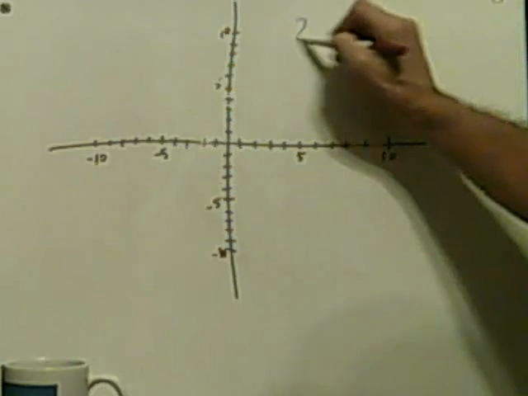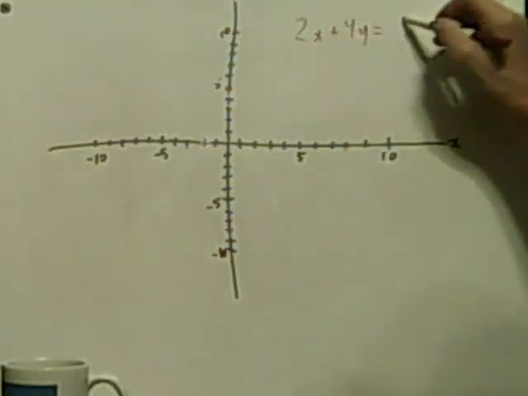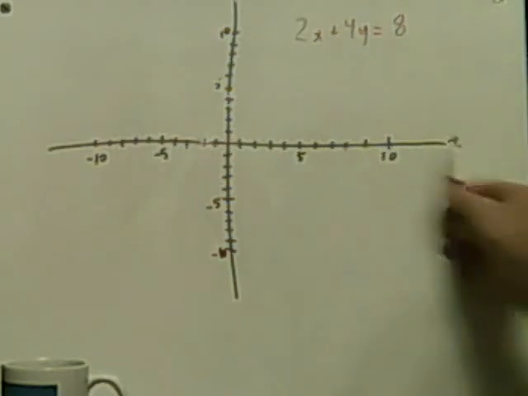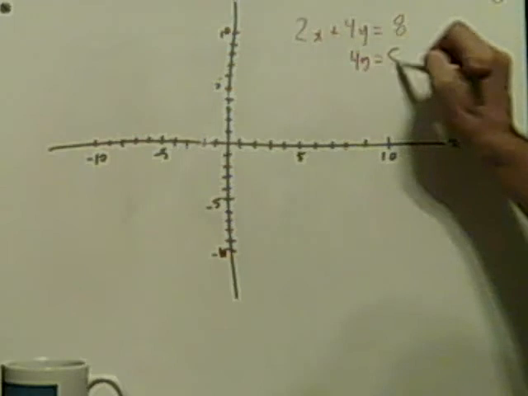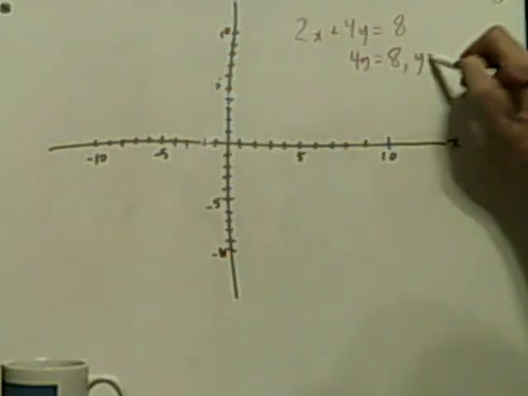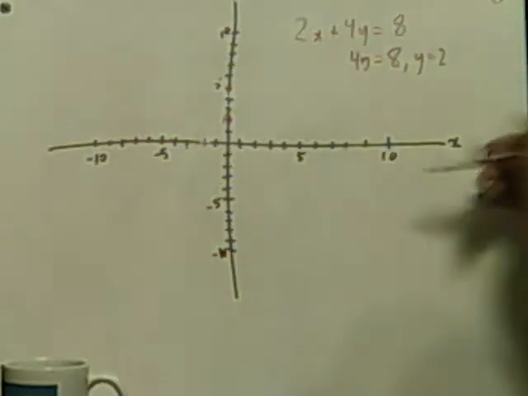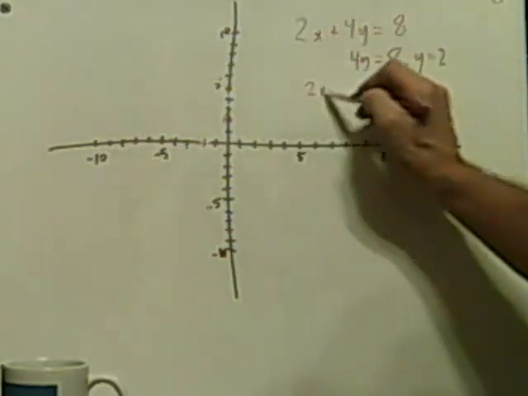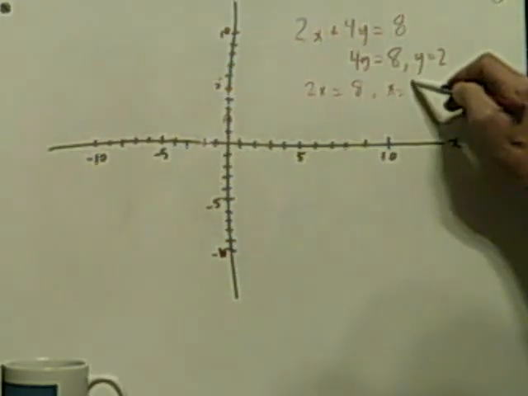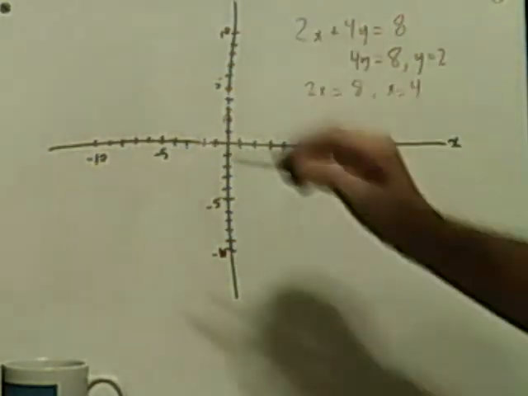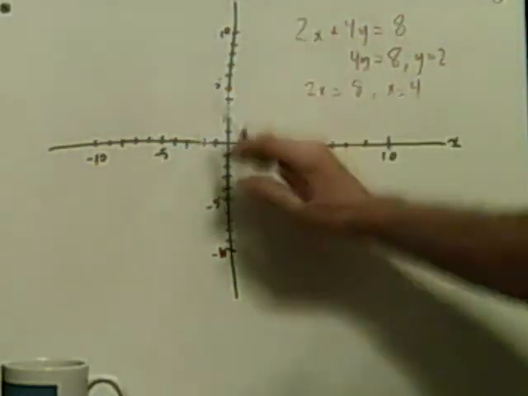Number 20, and that's 2x plus 4y equals 8. If x equals 0, then this says 4y is equal to 8, or y equals 2. When x equals 0, y is 2. And then when y equals 0, we have 2x equals 8, or x equal to 4.